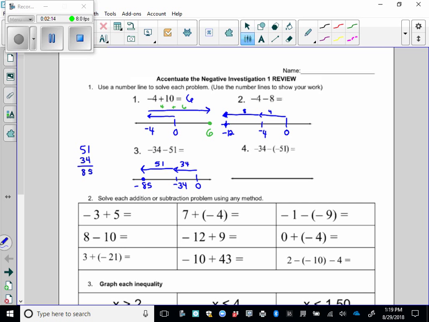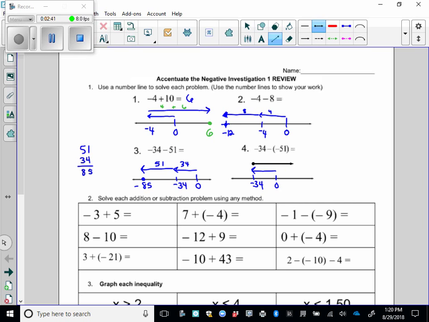And then this last one, if I start at 0 and I go to -34, if I subtract 51, I would go this way, but it's subtracting the opposite of 51, so I would have to flip over and go that way.